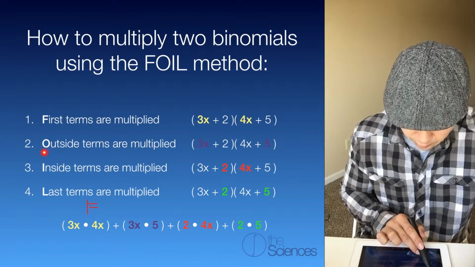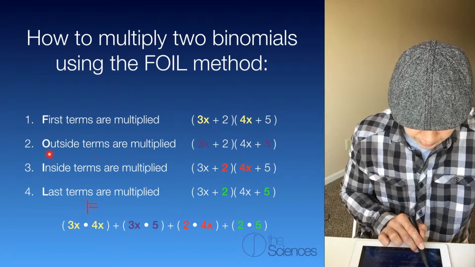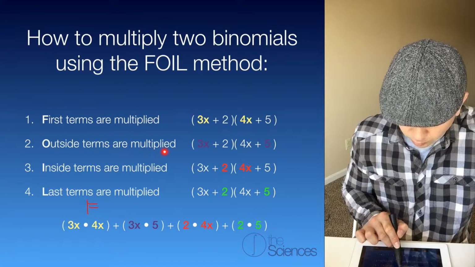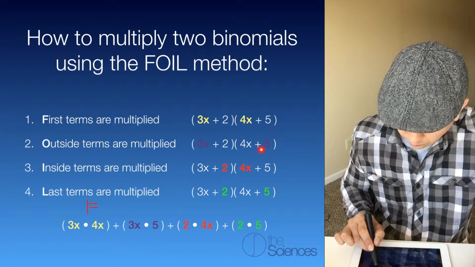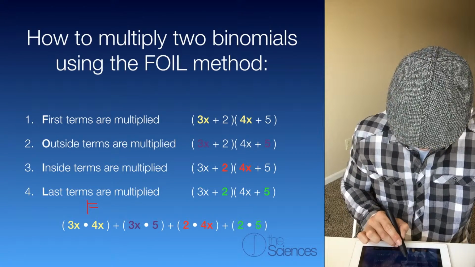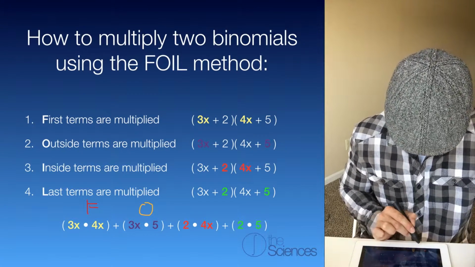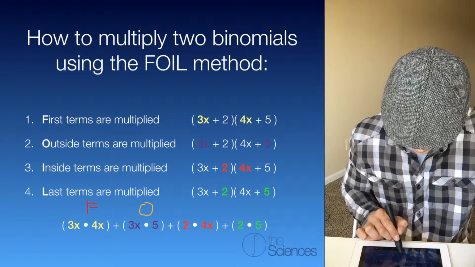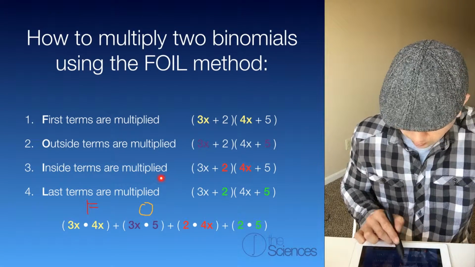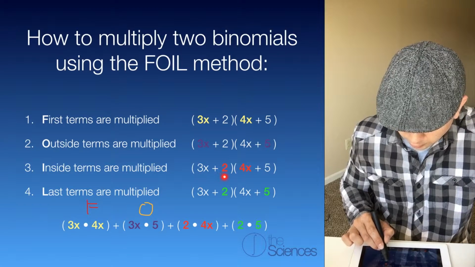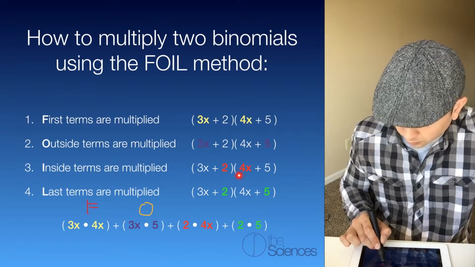And then the second thing you're going to do is the outside terms are multiplied. So you're going to multiply 3x times 5. So here's O. And then the inside terms are multiplied. So you're going to multiply 2 times 4x.